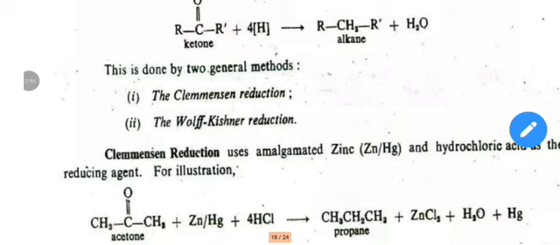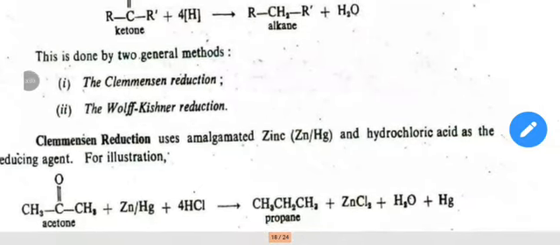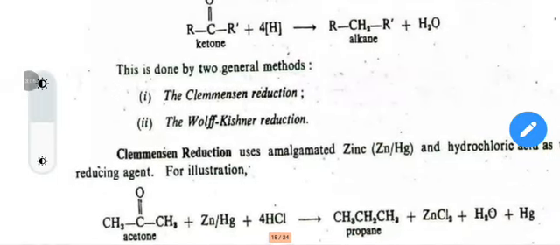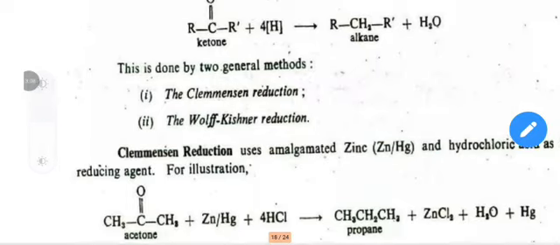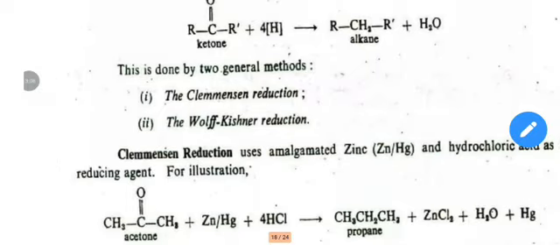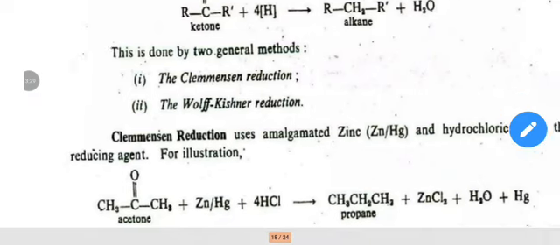First of all, Clemmensen reduction uses amalgamated zinc, Zn-Hg, and hydrochloric acid as the reducing agent. For illustration, acetone, CH3COCH3, is reacted with amalgamated zinc and HCl to give propane, CH3CH2CH3, plus zinc chloride, H2O and mercury.